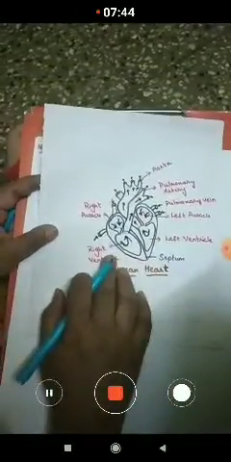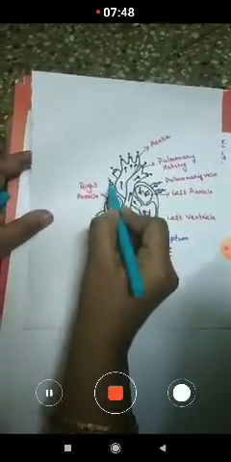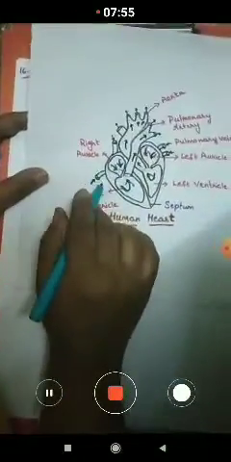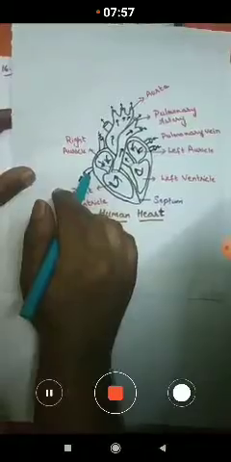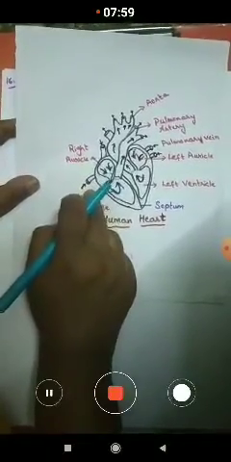Now here you can observe these two veins. I told you the veins are the blood vessels which bring the blood to the heart.